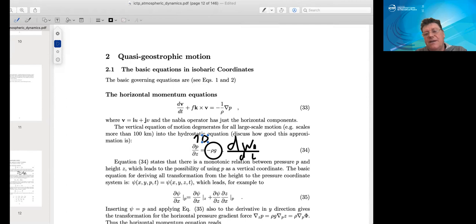We can insert our synoptic scale vertical velocity. We are talking about large scale vertical velocities, not convective scale. For convective scale, this approximation may break down. So for synoptic scale vertical velocities, we have estimated that is 10 to the minus 2 meter per second.